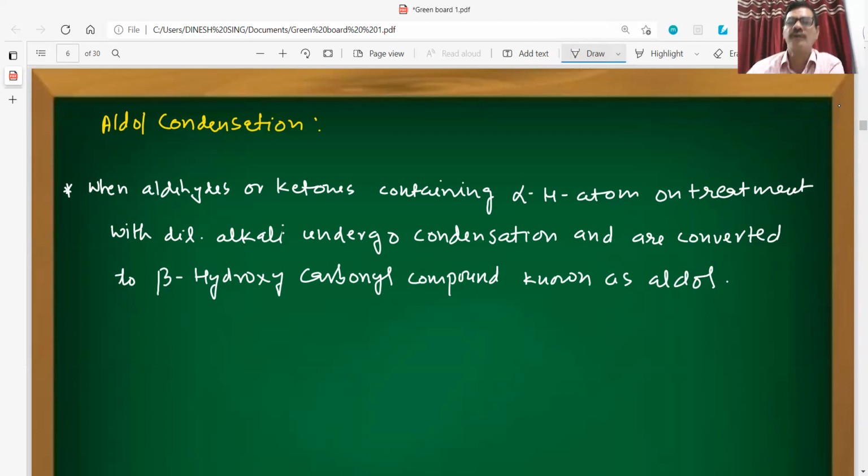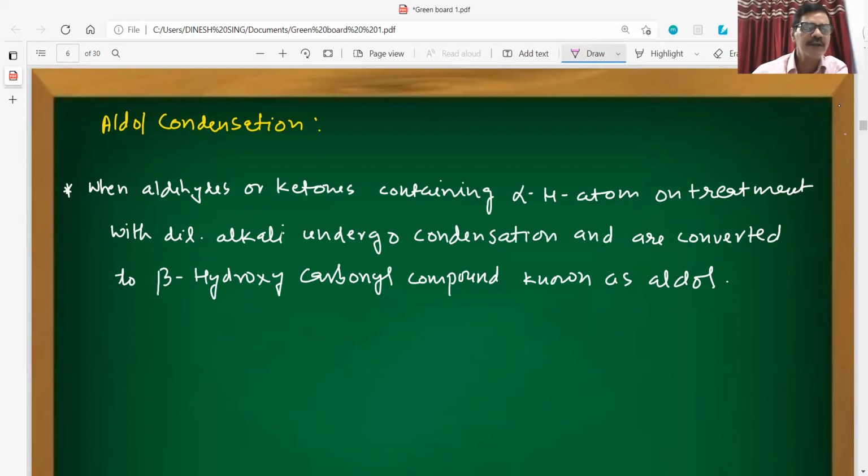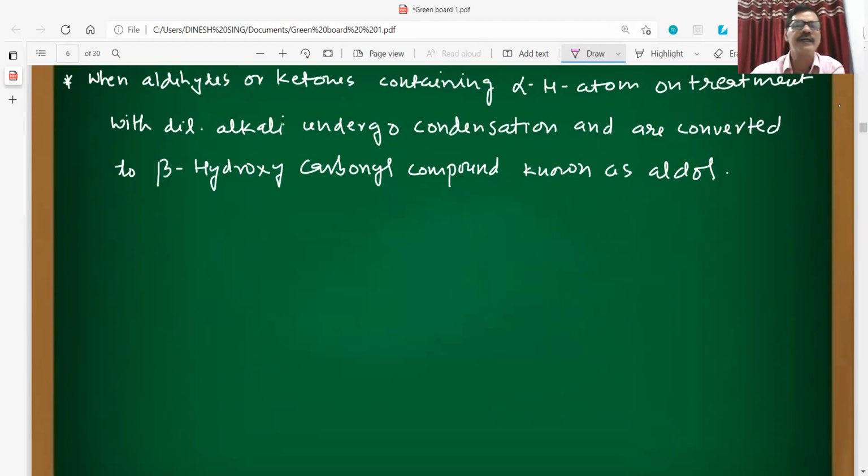So the condition for aldol condensation is that it must have an alpha hydrogen atom. But for Cannizzaro, there should not be any alpha hydrogen atom.